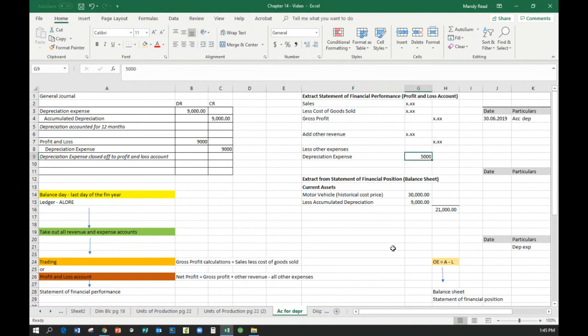That is where the depreciation expense sits on the statement of financial performance, and this is where accumulated depreciation sits on the statement of financial position. Remember, the statement of financial performance calculates gross profit and net profit, and the statement of financial position, or the balance sheet, tells you what the business is worth.